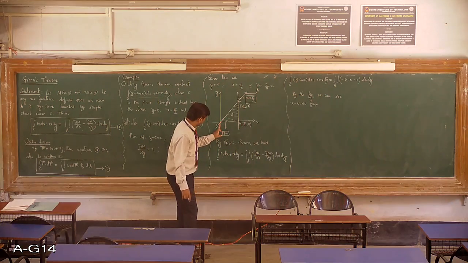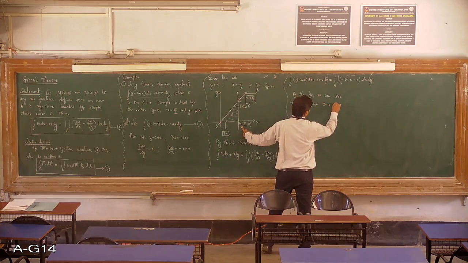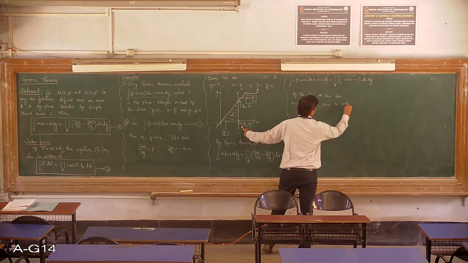See, 0 to pi by 2. That means x varies from x equals 0 to x equals pi by 2.